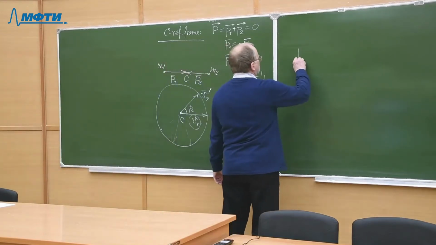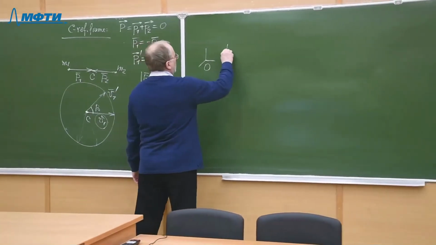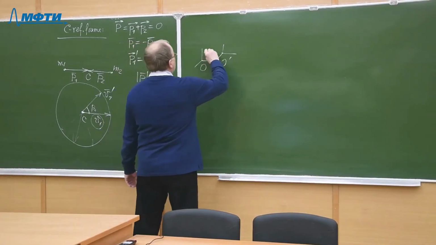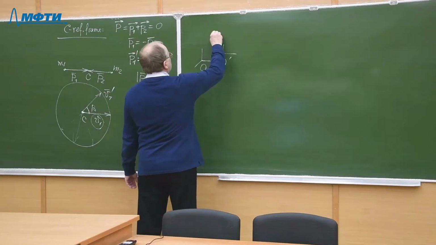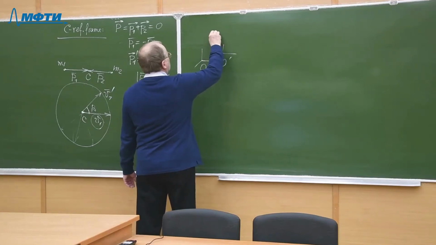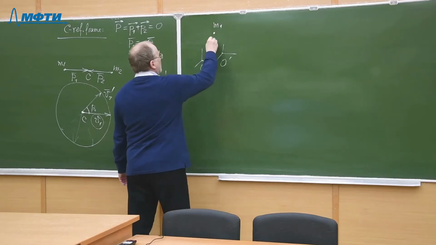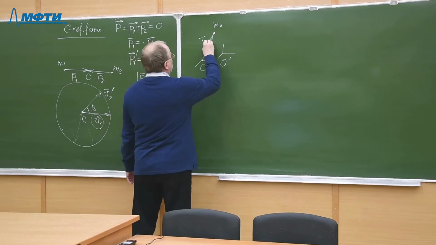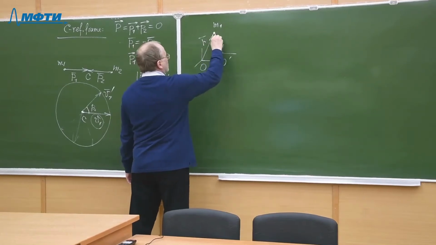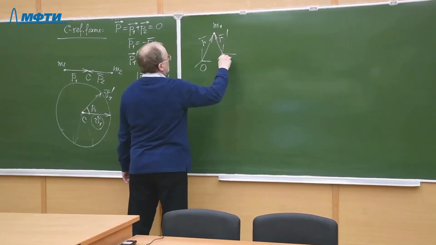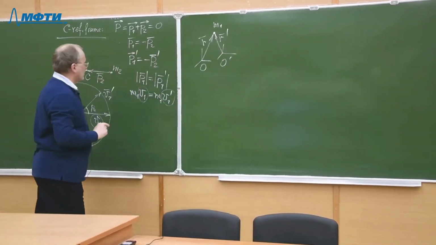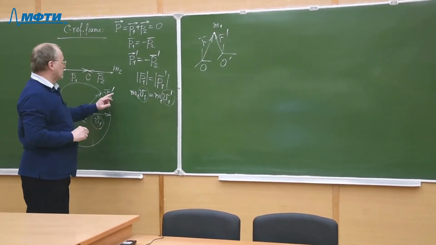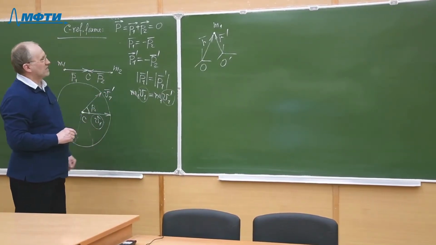If we have two different reference frames, one is O and another is O prime, and we have some point that is particle M1, and this point has a radius vector r in the first reference frame, and it's characterized by a different radius vector in the other. The notation is not correct because I was using prime as the velocity after the collision.